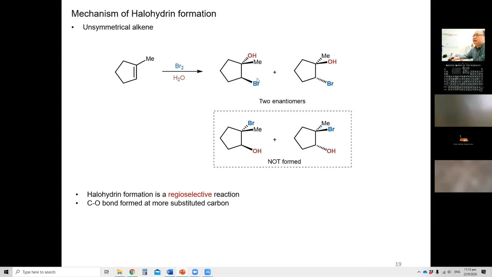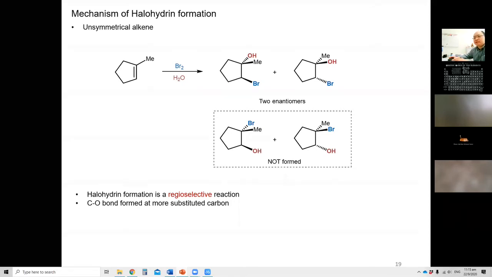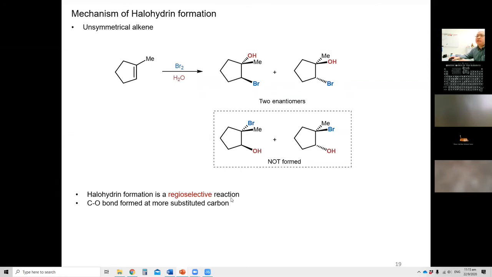But the bromine will be only on the less crowded side. And with the bromine on the more crowded side, these two products will not be formed. So there must be some mechanism to explain this kind of preference, okay? And what we say is halohydrin formation is a regioselective reaction, because the bromine only goes to the less crowded side, and the C-O bond will form at the more substituted carbon.